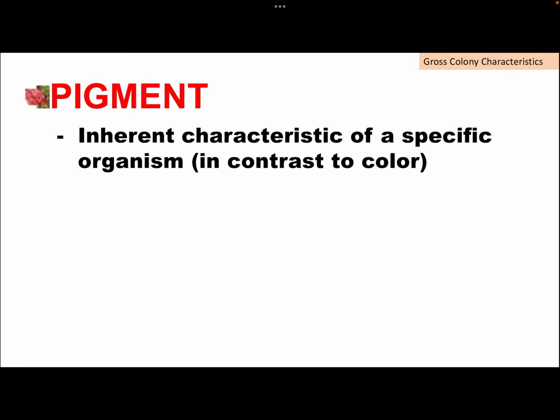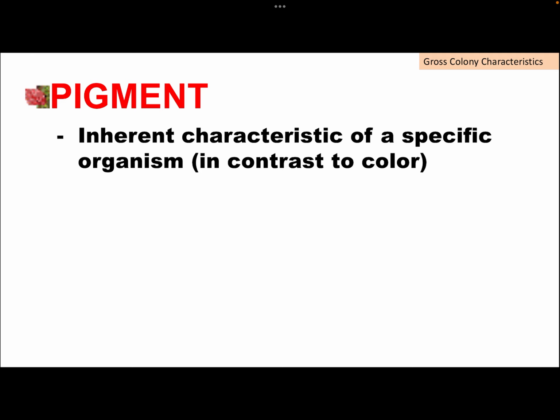Another one is pigment production, and one of the pigments I mentioned is that of Serratia marcescens, which is red. That is observable in particular at room temperature, the prodigiosin. This pigment is an inherent characteristic of a specific organism, in contrast to color.